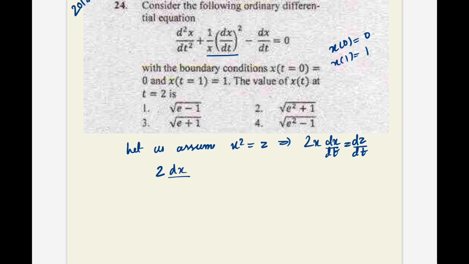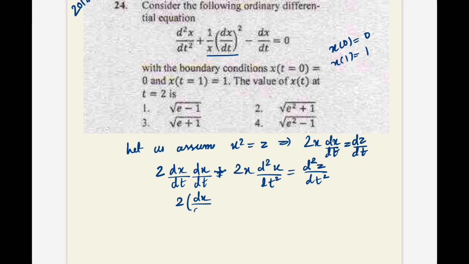We get 2 (dx by dt) square plus 2x d2x by dt square equals to d2z by dt square.